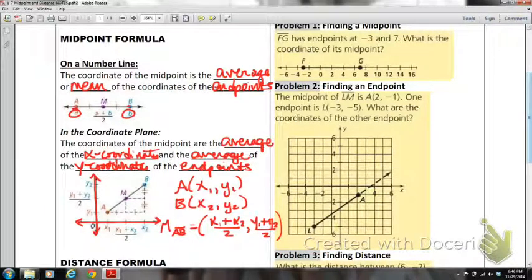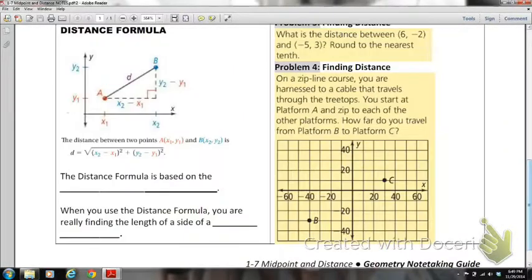So let's go down and look at how this applies to the distance formula and how the distance formula is going to apply to and relate to the Pythagorean theorem. The distance formula is actually based on the Pythagorean theorem, because when you use the distance formula, you're really finding the length of the side of a right triangle.